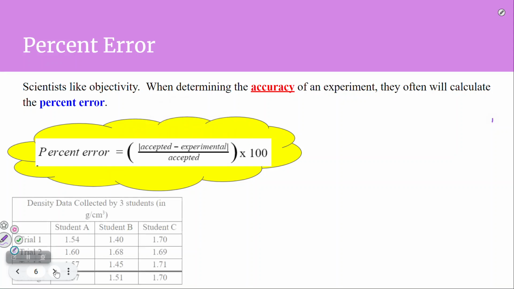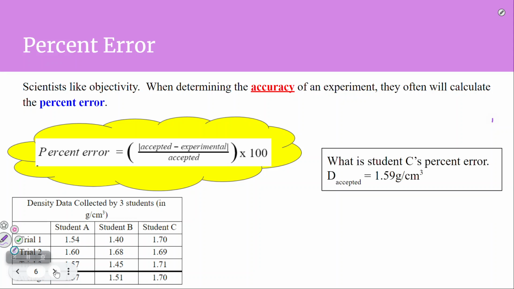Moving on. Here is the density data collected by 3 students from earlier, and we're going to calculate what the percent error was if the accepted density is 1.59 grams per cubic centimeter.